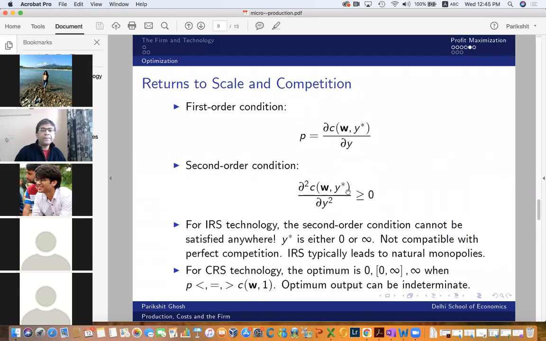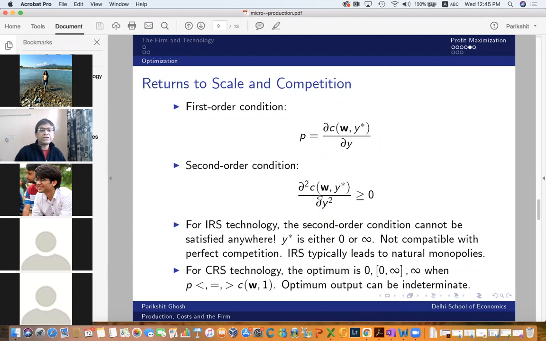And here's where we run into a bit of a conundrum. If the technology has increasing returns to scale everywhere, then the second-order condition will never be satisfied at any point where price equals marginal cost.